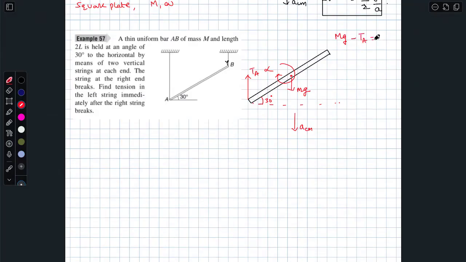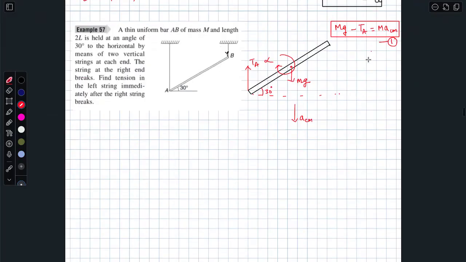Mg minus T_A is equal to M a_CM. Equation 1. Any doubts?